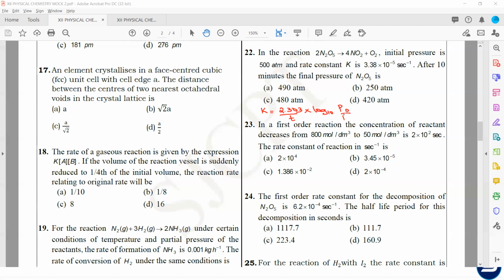P naught is the initial pressure of N2O5 reactant and Pt is the final pressure after a time t. Here you have to convert 10 minutes into seconds because the rate constant is given in second inverse. If the conversion is not done, then your answer will go wrong. Rest is simple substitution. Finally, what you have to find is Pt.